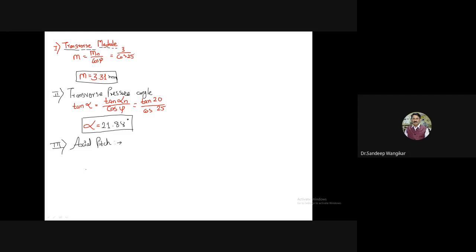Axial pitch PA is equal to P divided by tan of psi.